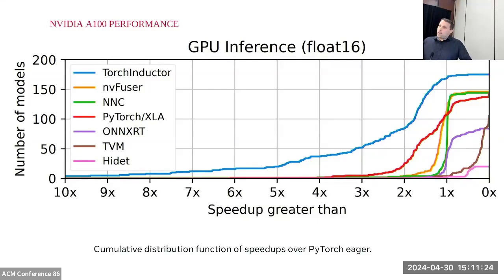So you can see that Torch Inductor on lots of models is delivering between 10x and 1x speedups. When you reach the 4x point, Torch Inductor is generating more than a 4x speedup on around 40 models, while most other compilers aren't generating that level of speedup on any models.